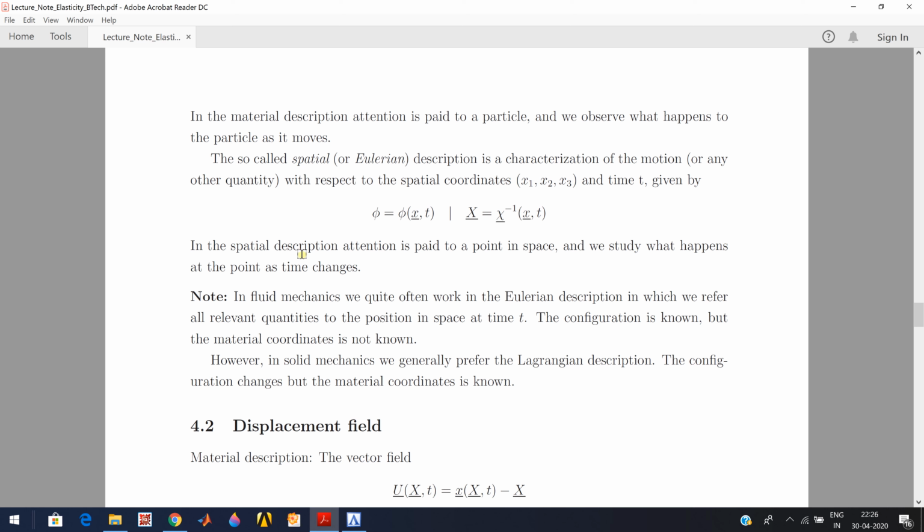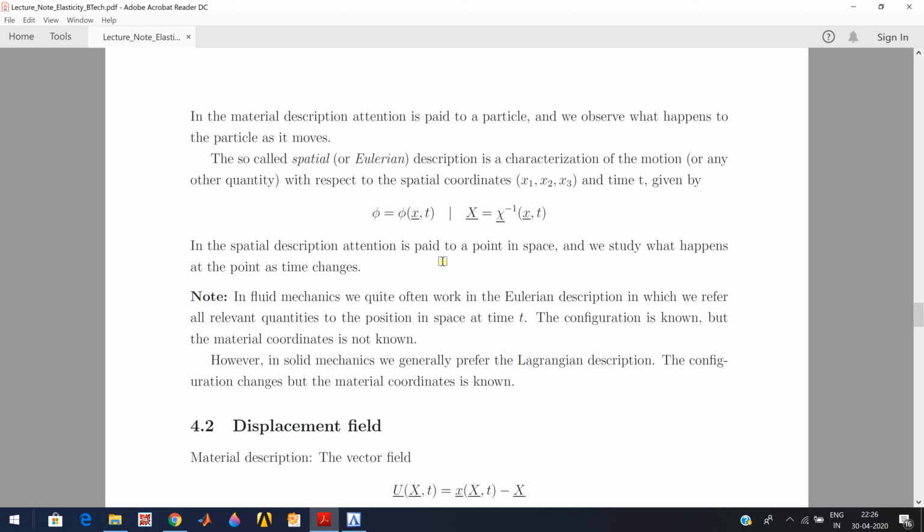So here the attention is paid to a point in space. We have a fixed position in space, and then we see what happens to particles which take position at that particular point as time changes.